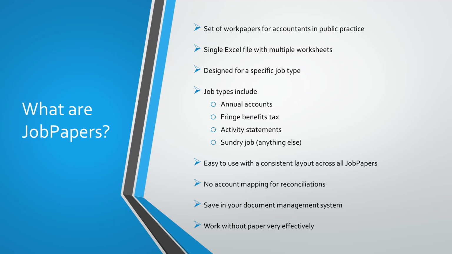They're very easy to use and have a consistent layout across all job pack types. There are no account mapping routines for reconciliations. You save it with other client files in your document management system, and they form a very important part of a paperless system for processing jobs.